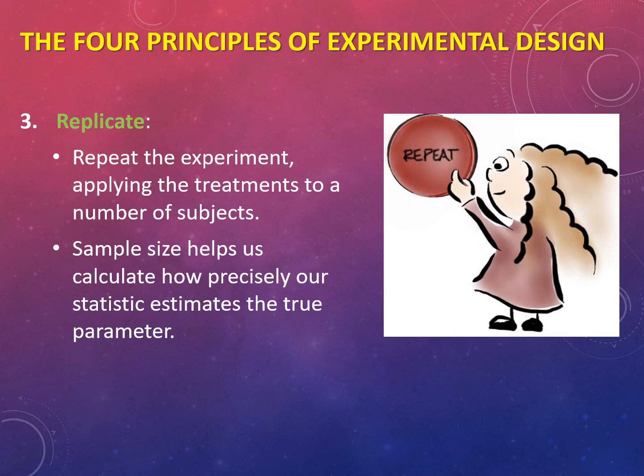So the replication here is basically talking about 2 different aspects. First, replicating within a sample itself so that we have multiple people or multiple experimental units receiving the same type of treatment, but then at the same time, that entire experiment should be replicated as well.